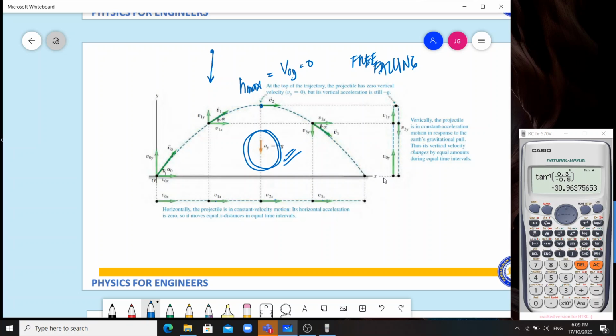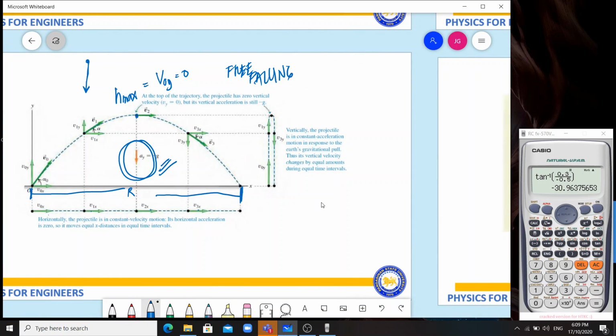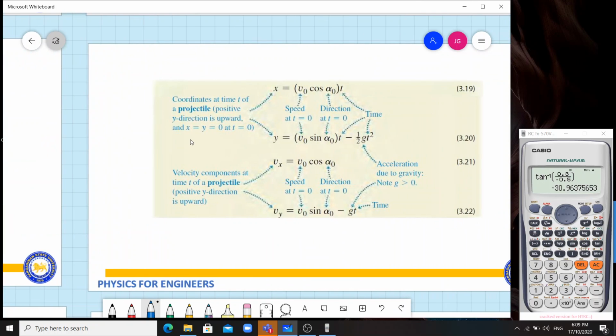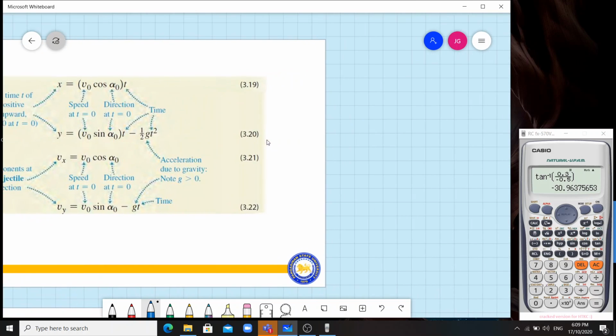So, eto namang range, pag sinabi mo namang horizontal range, eto yon, the maximum distance hanggang mahulog pababa si particle. Okay? Matapos mong ihagis, babalik din pababa. Yun yung tinatawag na range. So, yan lang yung kailangan nating tandaan sa projectile. And, syempre, applicable pa rin dito yung mga formulas natin before.